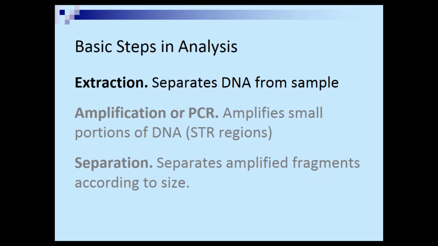But extraction is where you put your blood stain, or your semen stain, or bone dust, or a swab of the top of a cup, whatever you think has your cells on it. You put that in a tiny tube about the size of your thumb, and you add what's called lysis buffer. And it is a buffer with a little bit of soap in it and other chemicals that will break open all the cells. So essentially all of the DNA spills out of the cells into that liquid.